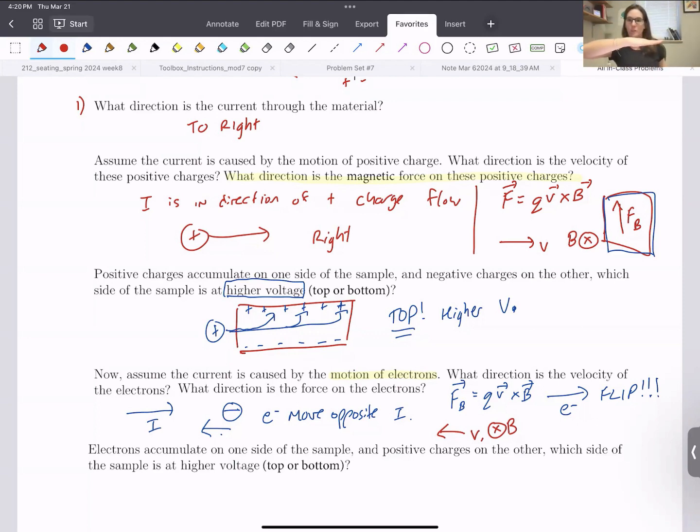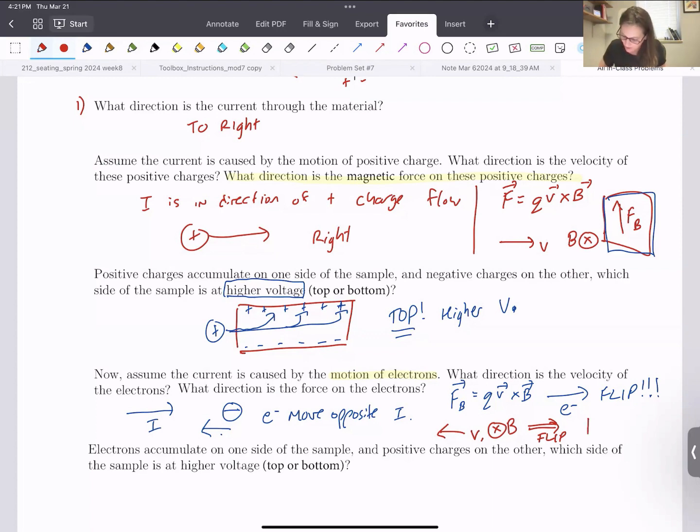So I can go V cross B, again as if there's an arrow on my fingers. Thumb is now pointed towards me. So that would be the force if a positive charge was flowing that way, but it's a negative charge. So I flip it. And I get that it is also V cross B flipped away, up towards the top of the page.